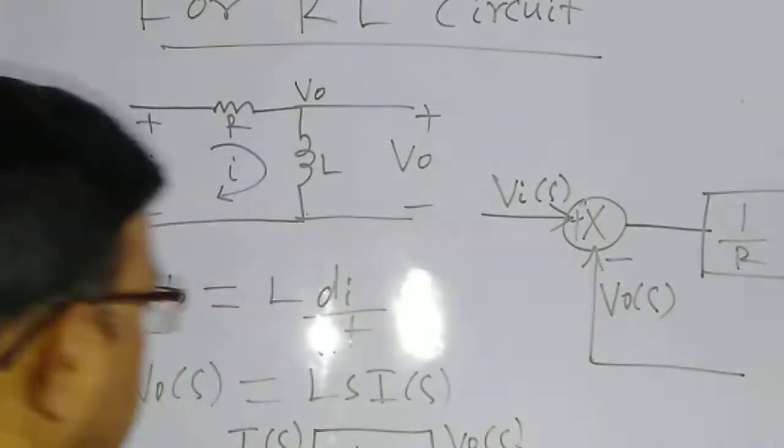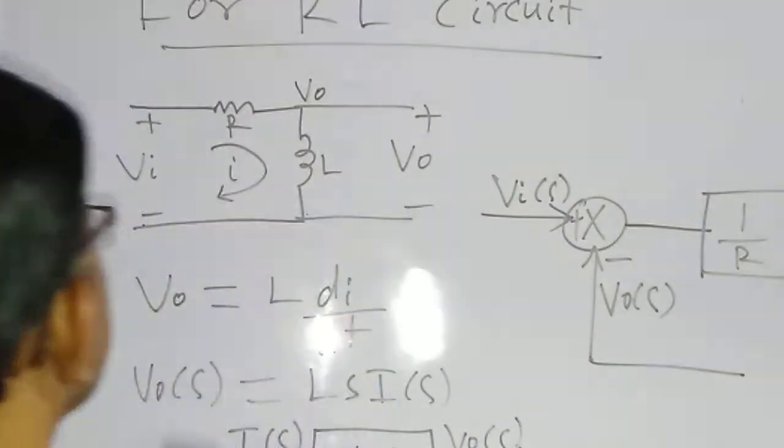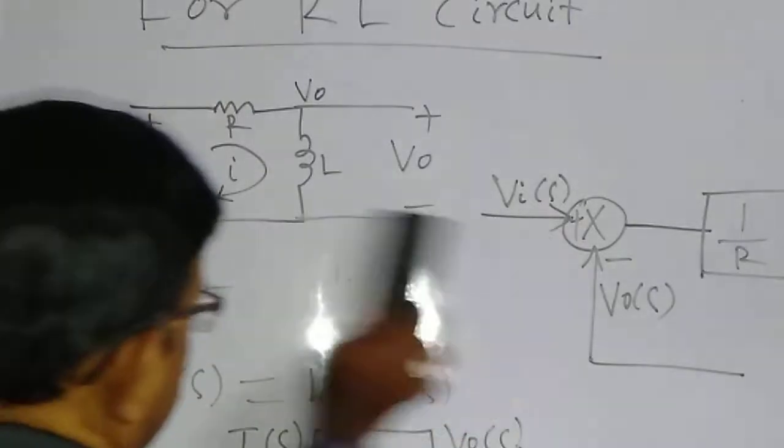Now if we combine both these block diagrams, then we can find the block diagram of the entire system. So let us combine both the block diagrams.